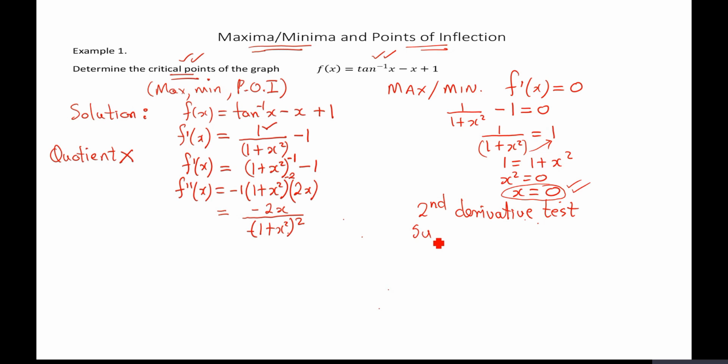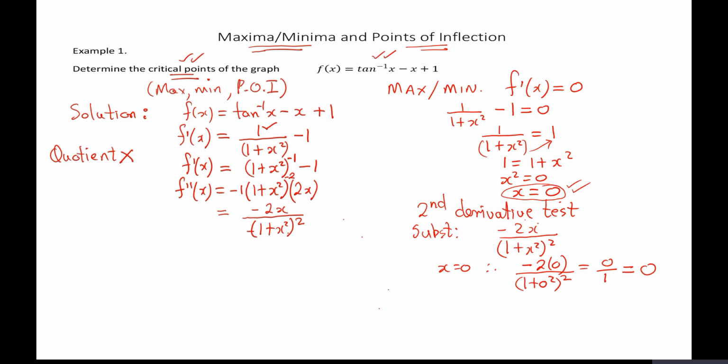We substitute that x value into the second derivative. Now, my second derivative is negative 2x over 1 plus x squared, all squared. Substituting x equal to 0, I get negative 2 times 0 over 1 plus 0 squared, all squared, 0 over 1, and that gives me 0.